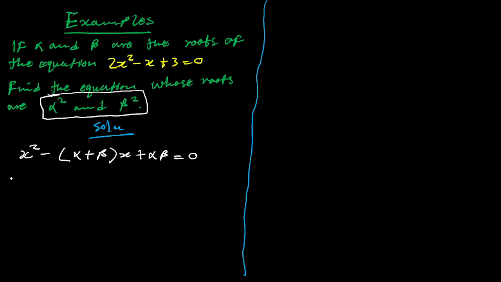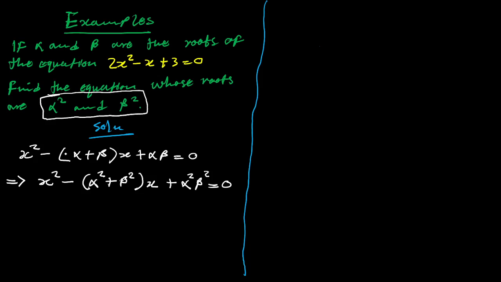So the equation we are now looking for looks like x squared minus alpha squared plus beta squared close bracket x, and then plus alpha squared beta squared is equal to 0. So this is what the formula is.